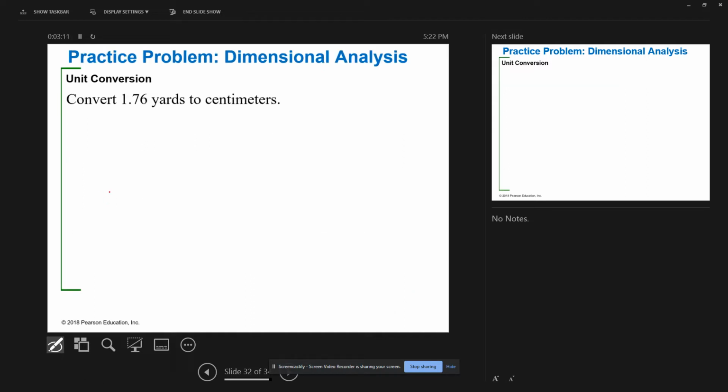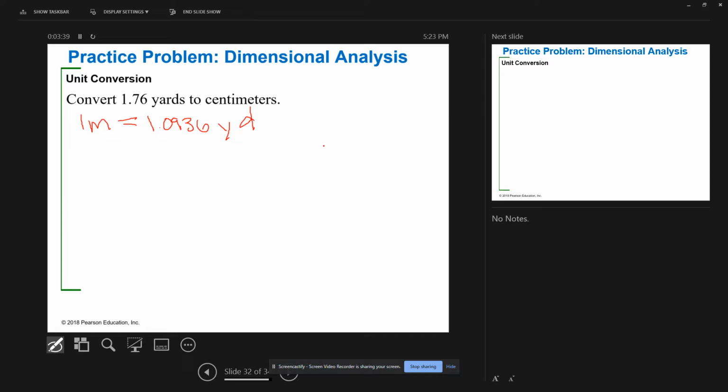All right, so it's saying convert 1.76 yards to centimeters. So I need to know what the conversion factors are for yards and centimeters. Well, let's say I give you this: 1 meter equals 1.0936 yards.